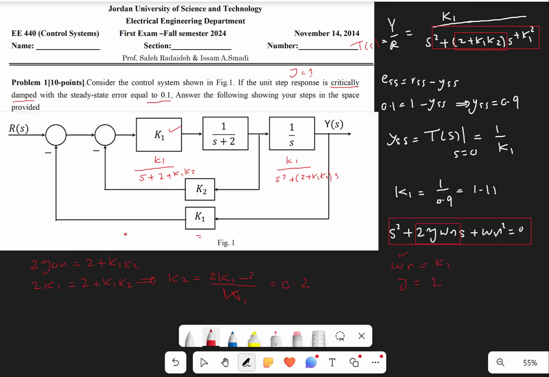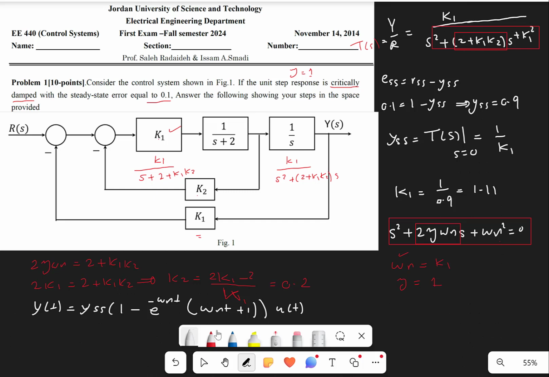Now finally we need to find the unit step response y of t. We know that for a second order system, critically damped without zeros, y of t will equal y steady state times 1 minus exponential minus omega n t multiplied by omega n t plus 1, all multiplied by u of t.